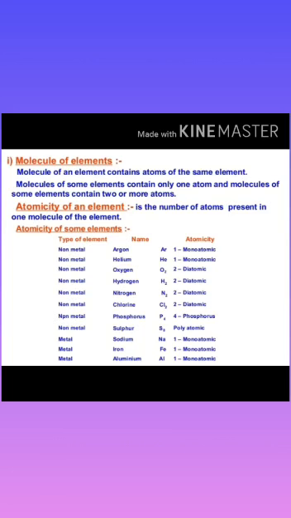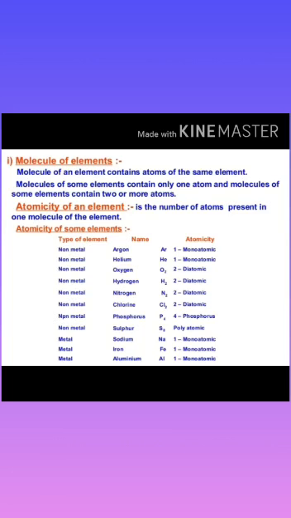Type of element, name, formula, atomicity. Argon, Ar, 1, monoatomic. Non-metal helium, He, 1, monoatomic. Non-metal oxygen, O2, 2, diatomic. Non-metal hydrogen, H2, 2, diatomic. Non-metal nitrogen, N2, 2, diatomic.